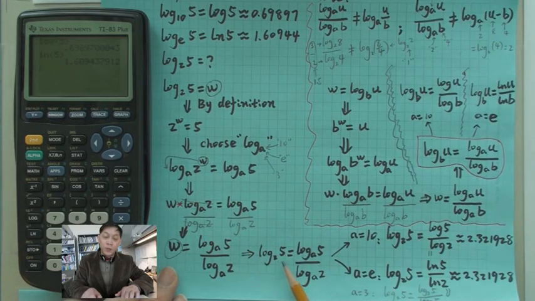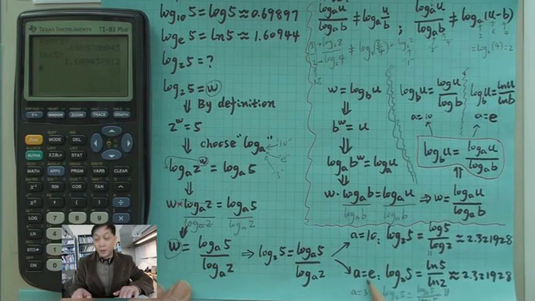Right here. So you can see log base 2 of 5, this was our w, equals log base a of 5 divided by log base a of 2. And here there are two situations: a can be 10 and a can be e.